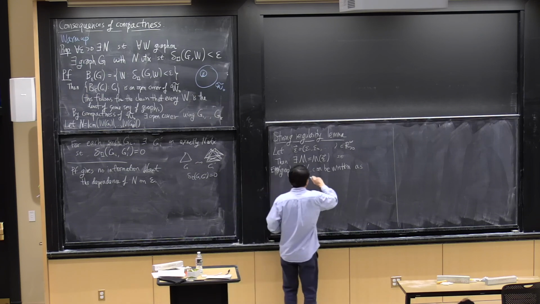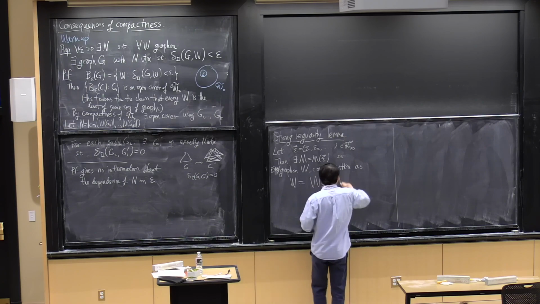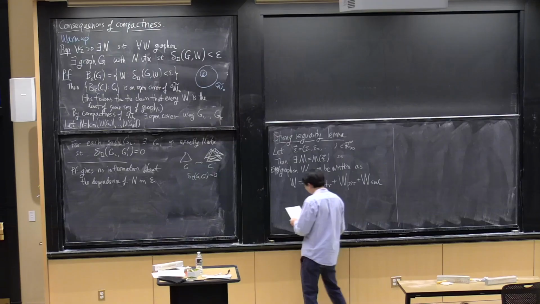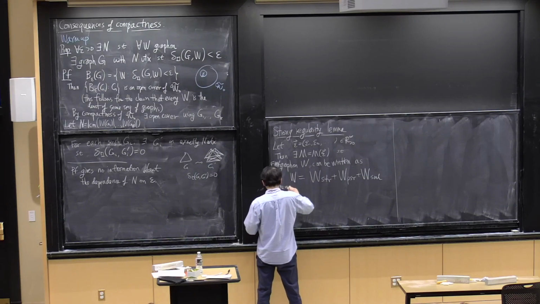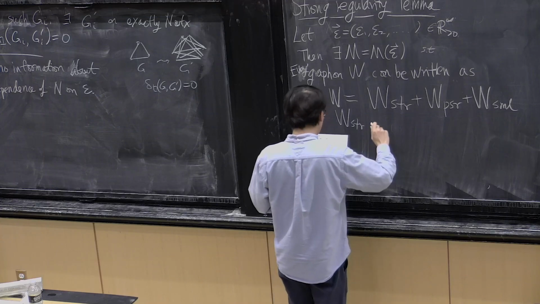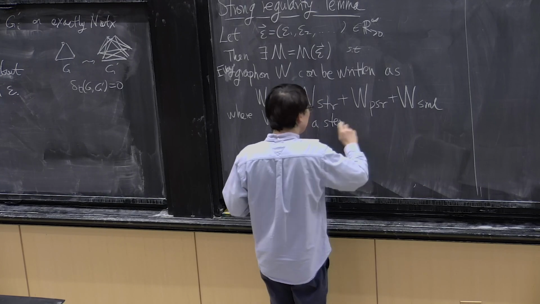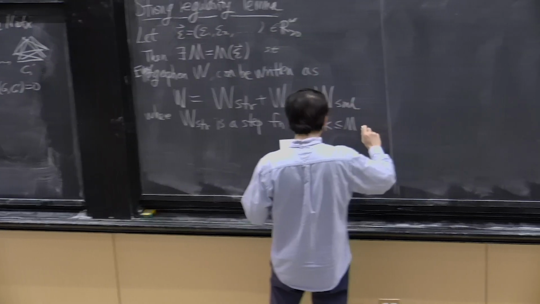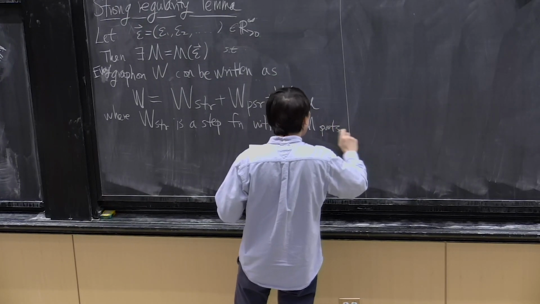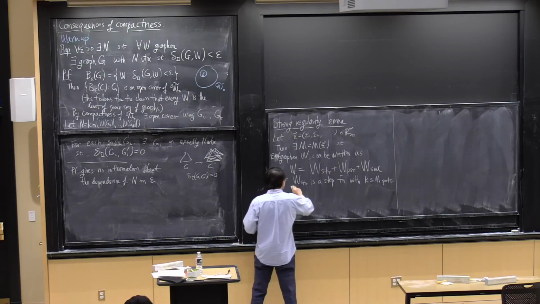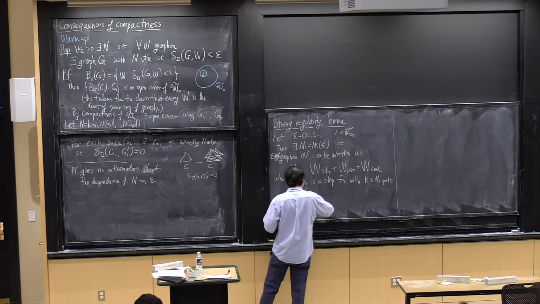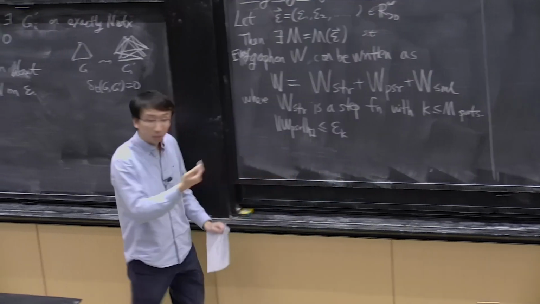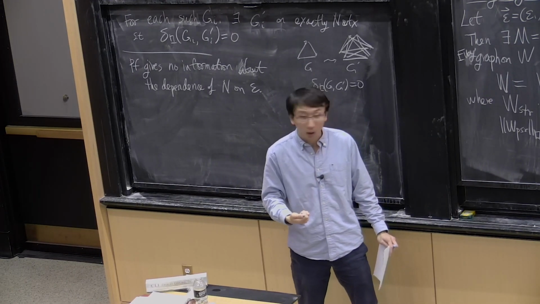We write W as a sum of a structured part, a pseudo-random part, and a small part, where the structured part is a step function with k parts, but k is at most M, this claimed bound M. The pseudo-random part has a very small cut norm, very small even compared to the number of parts.